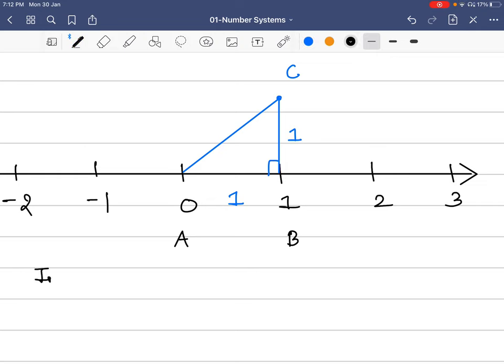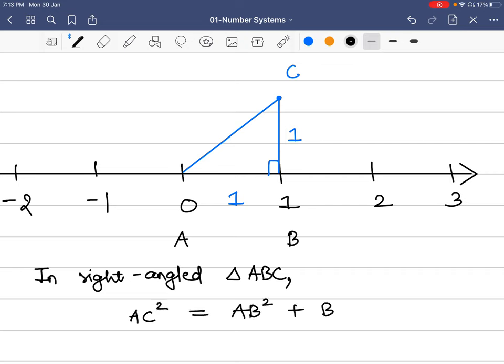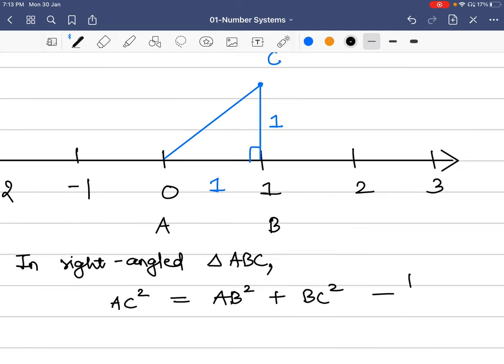So in right angled triangle ABC, we have AC square, which is the hypotenuse, that is equal to AB square plus BC square. Why is this? Because this is the Pythagoras theorem.